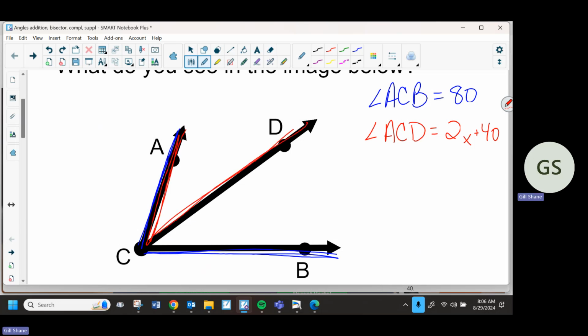That one, and I haven't used green. Angle DCB equals, what are we gonna go with? 7x subtract 20. I want you to solve for x. If you cannot do the algebra, at least set it up.